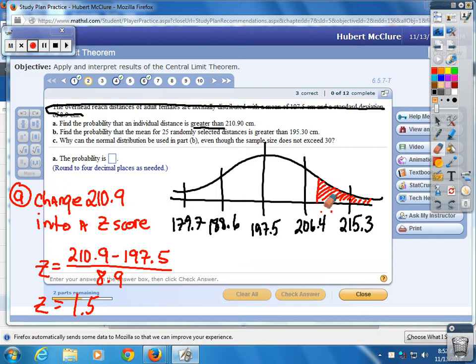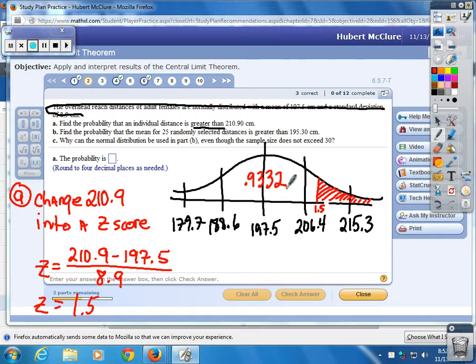Now, it does not correlate with these big numbers, but it correlates with your table, or your calculator, whichever you use. So that's going to be 1.5, and now you look up 1.5 on your handy-dandy table. 0.9332, and that is this side over here.